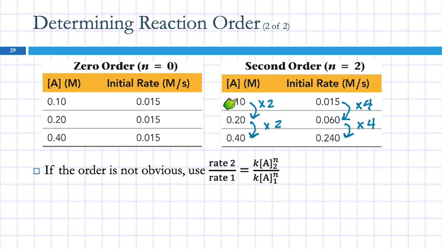So here we see that the factor that we're changing the concentration by is 2, and the factor that the rate changes by is 2 squared. Right? 4 is equal to 2 squared. And that's the order right there. Any questions?